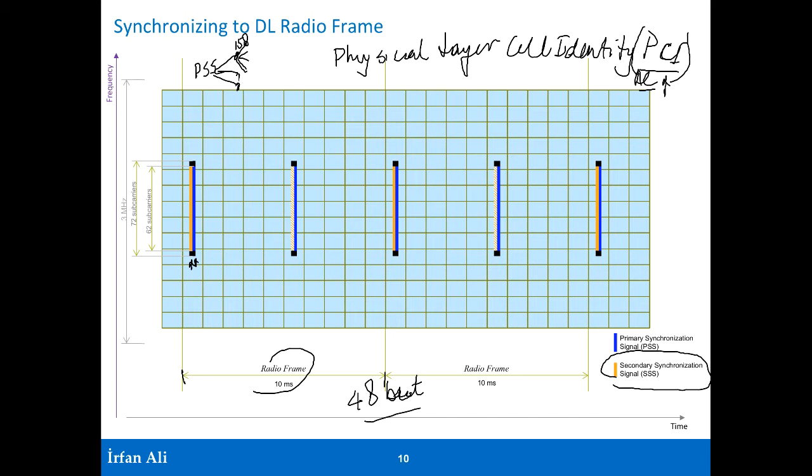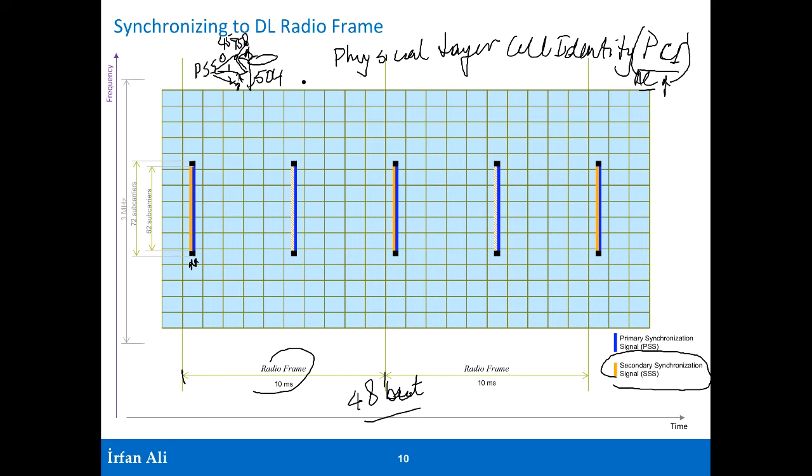So if the SSS number comes out to be 45 and this is 0, 1, 2, you exactly know that your physical cell identity is this particular value. If you take 158 multiplied by 3, you will figure out that there are a total of 504 physical layer cell identities.